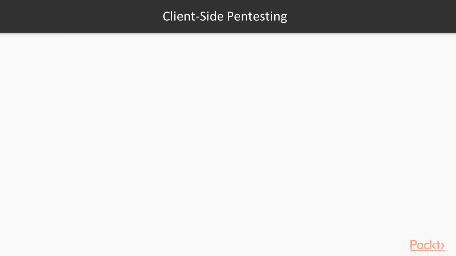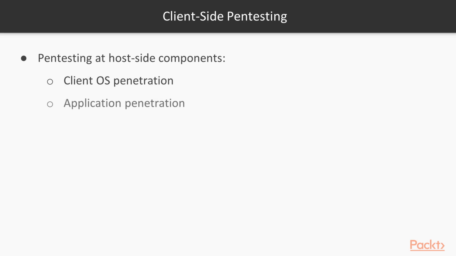Next is client-side pen testing. That's quite easy. For example, an office space where all the employees are working, those are all the clients. They have their operating systems. If pen testers are trying to exploit the operating system at the client side, that is considered client-side pen testing.